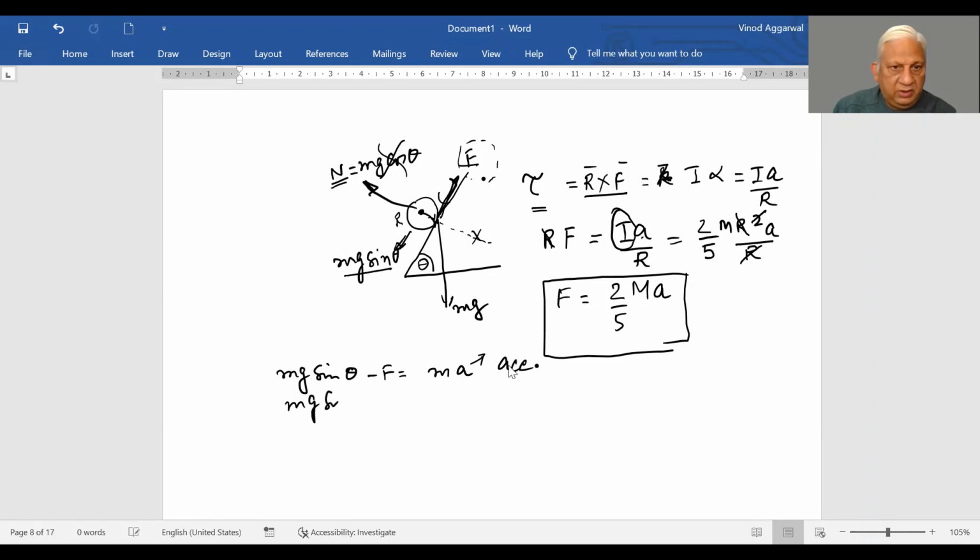And mg sine theta minus f, we have already calculated here, f is 2 by 5 ma for a solid sphere, so mg sine theta minus 2 by 5 ma is equal to ma.